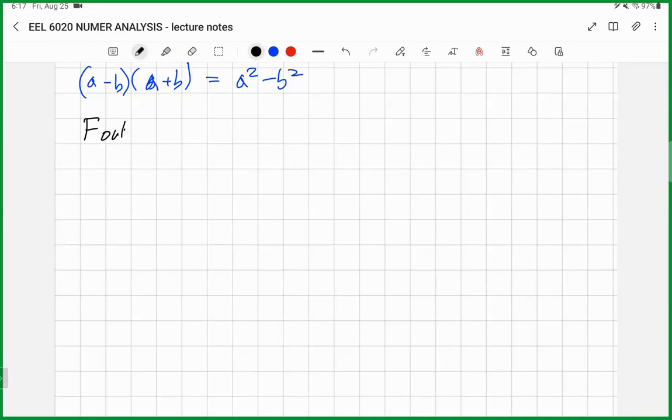So the derivative of a constant is, of course, 0, because the constant doesn't change. Basically, f of x plus delta x and f of x are equal to each other, so it gives 0.